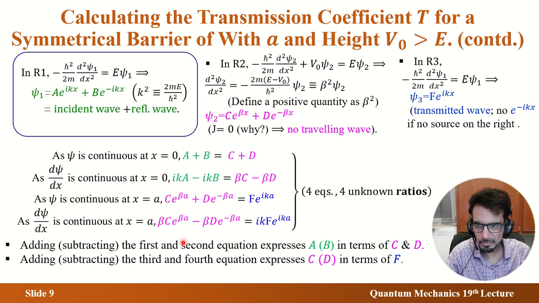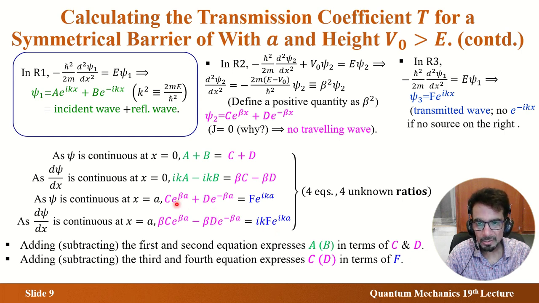The second 2 equations give you that, and again you divide by beta, and then they become the same, c here, no beta. You add, d is eliminated, you have c in terms of f, and you subtract, d in terms of f.